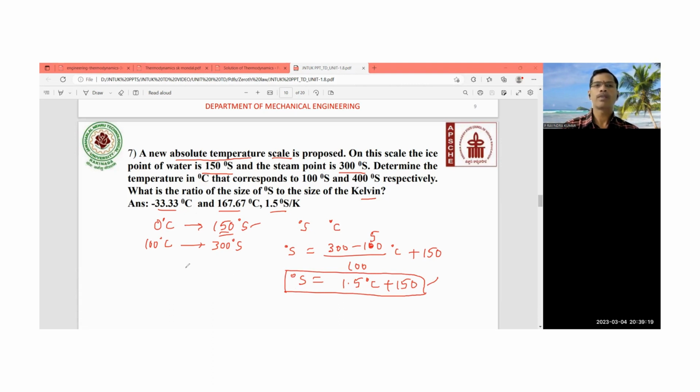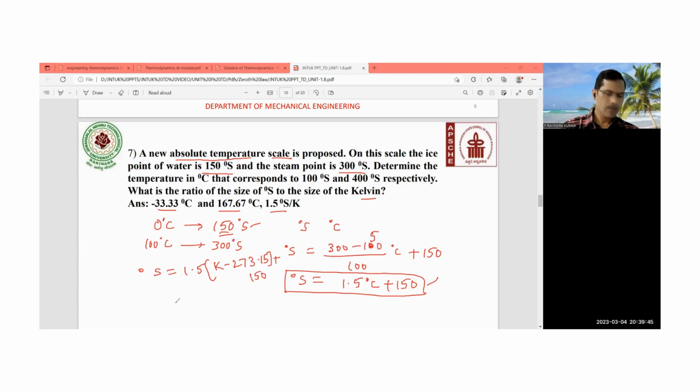It is the same type of problem as the previous case, but here, using the degree S scale, it is 1.5 times degree centigrade. Suppose you want to express it in terms of Kelvin, then it is K minus 273.15, plus the other term, 150.